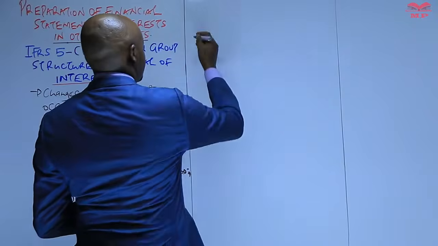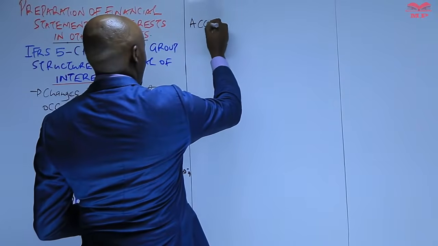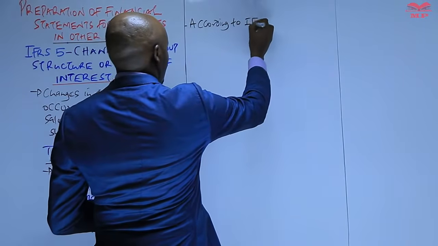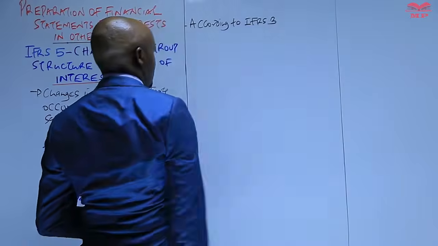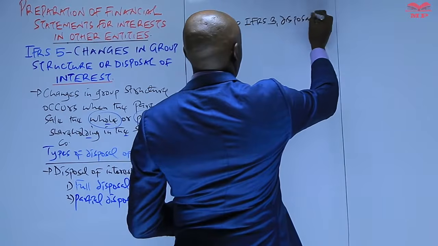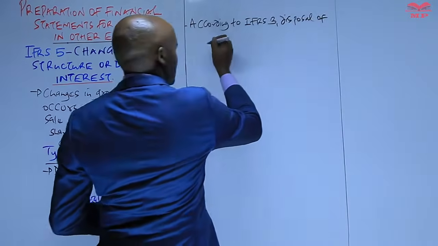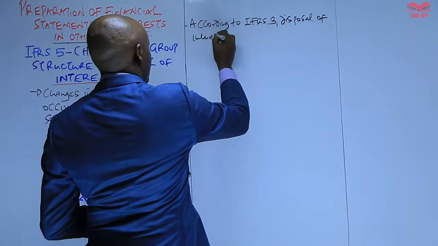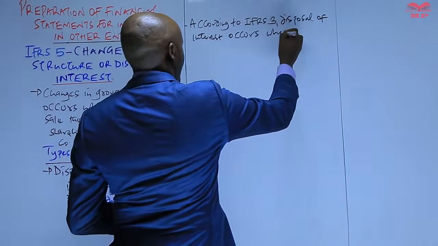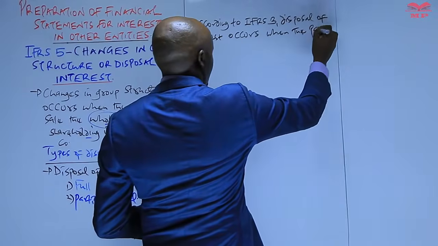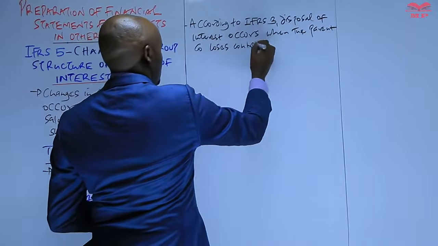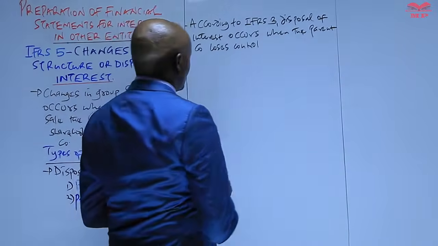So therefore you can say, according to IFRS 3, International Financial Reporting Standard number 3, disposal of interest occurs when the parent company loses control.